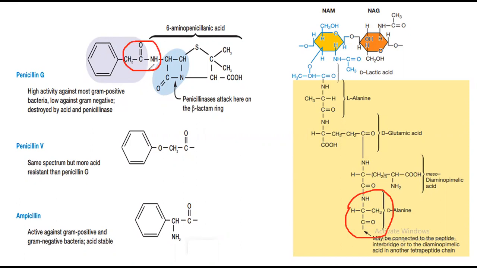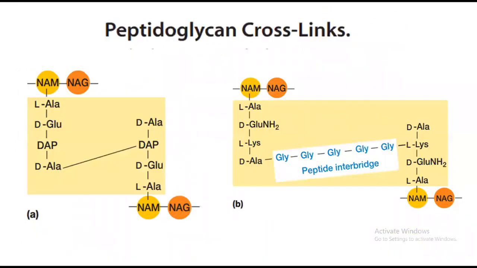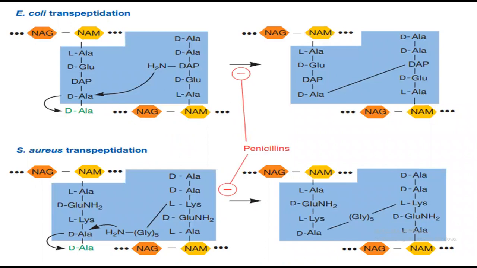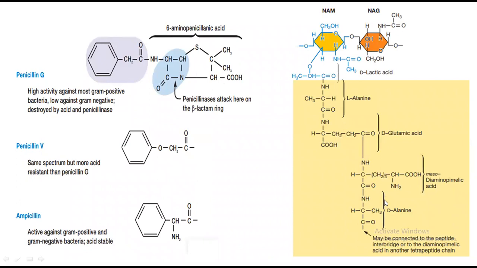Because of this, the enzymes that are involved in transpeptidation, what is transpeptidation? It is the process in which two subunits of the peptidoglycan layers are linked to each other. When these two are linked to each other, it is known as transpeptidation.